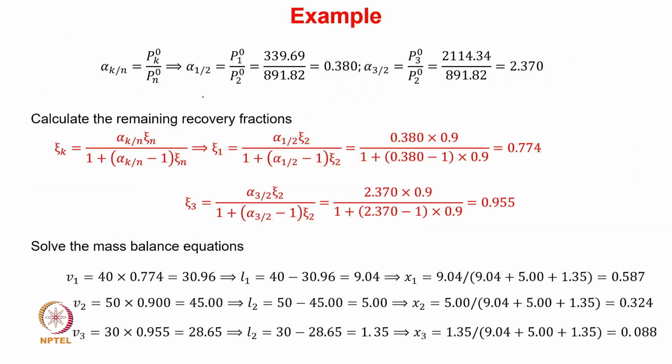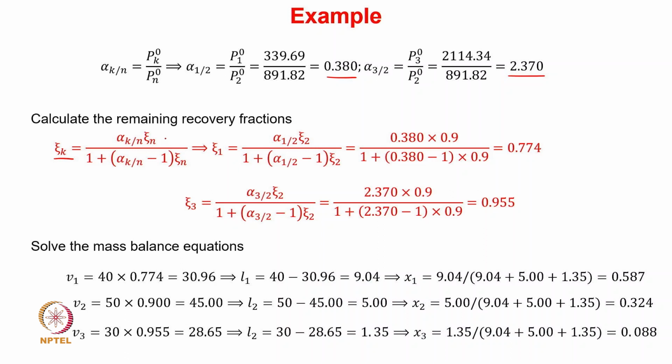So once we get the relative volatilities for component 1 and component 3, clearly the relative volatility of component 2 with respect to 2 will be 1, isn't it? So now we can calculate the split fraction. Remember zeta k, I said that we can represent in terms of the split fraction of the key component. Remember zeta n value is given as 0.9.